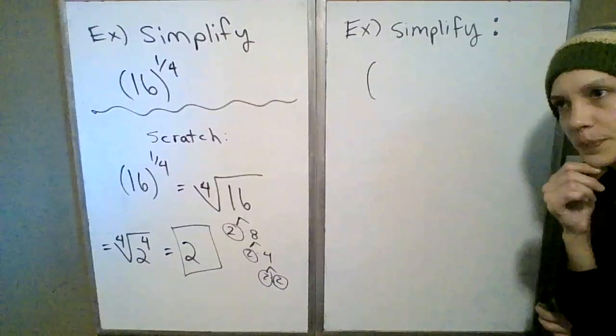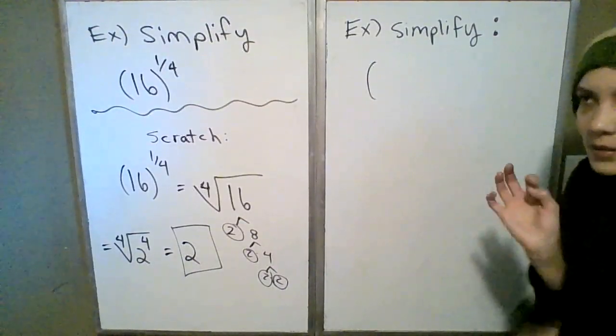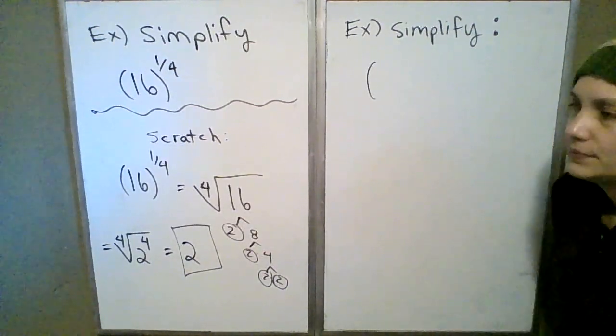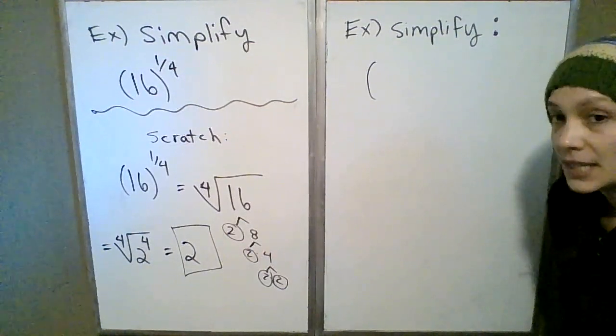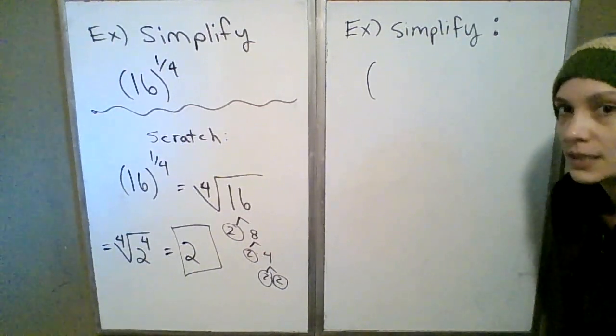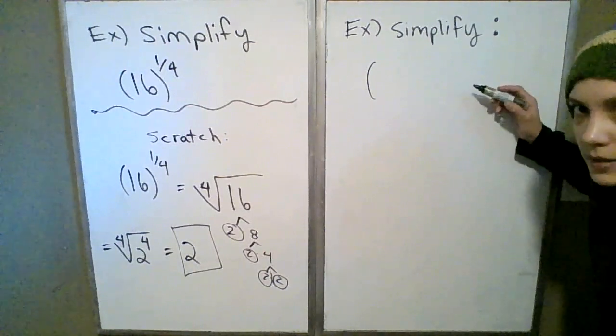Well, I guess a part of my response is you can. I mean, technically, you could write 16 to a decimal power, like 0.25.